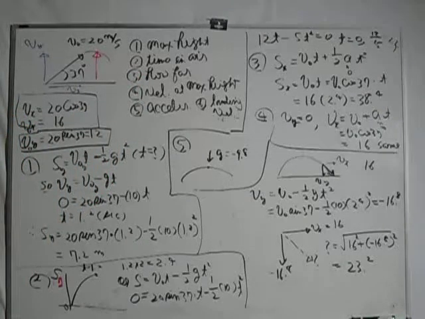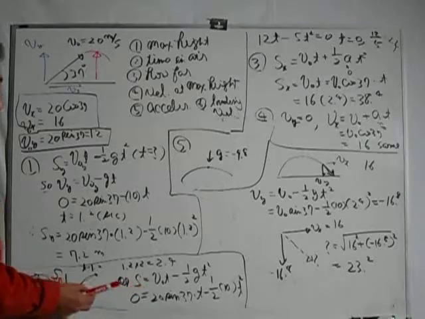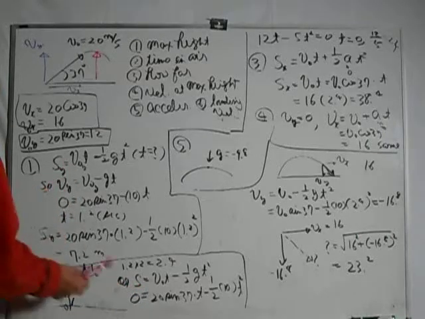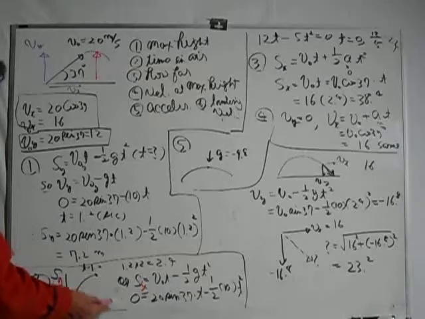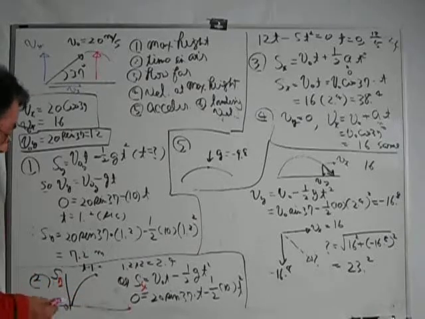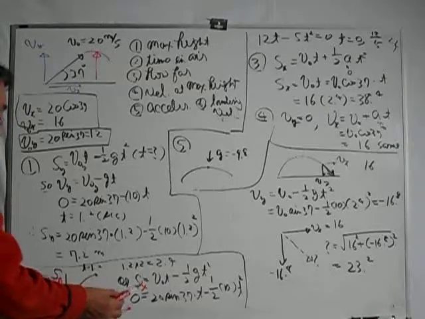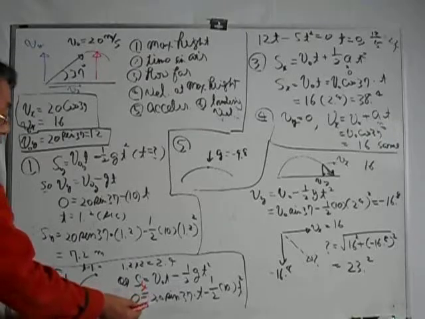Or you can do it this way. We're going to use a distance formula, right? Make sure this is the y distance formula. At the time of hitting the land, s is 0, height is 0, right? So Sy is 0.